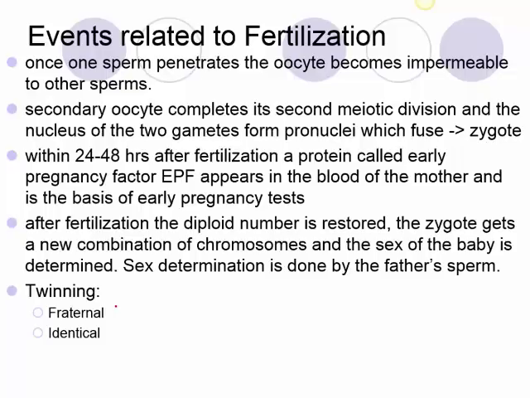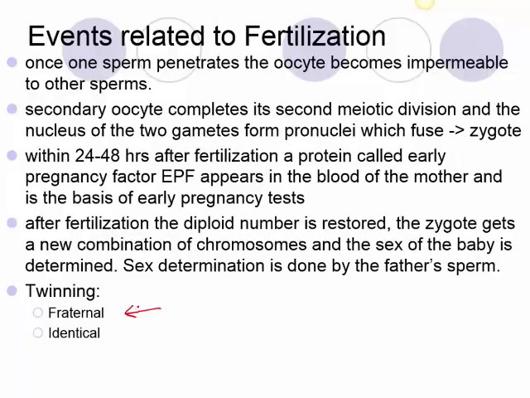Remember, 50 to 100 sperms swim, so each one of those oocytes could be fertilized. When they are fertilized, you get what are known as fraternal twins, because the genetic material is not exactly the same. They could be different because different sperms have fertilized them. So they need not be of the same sex.